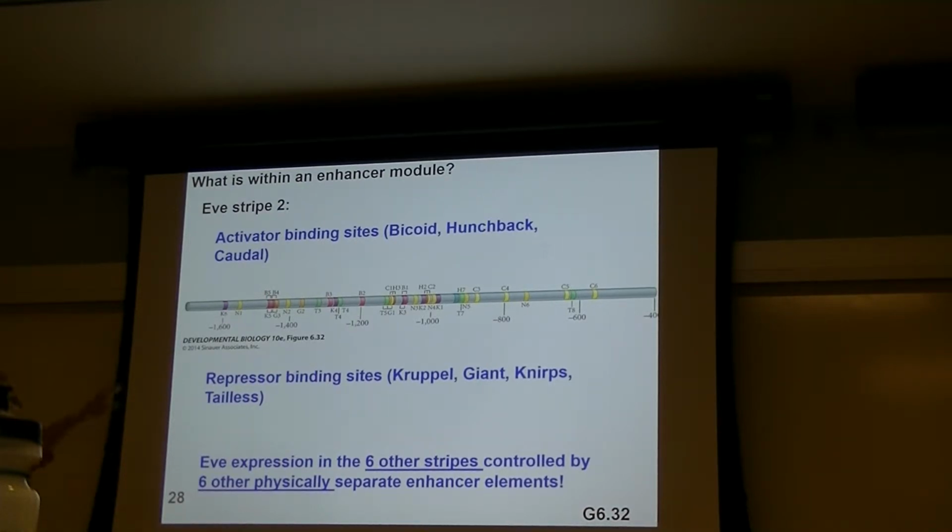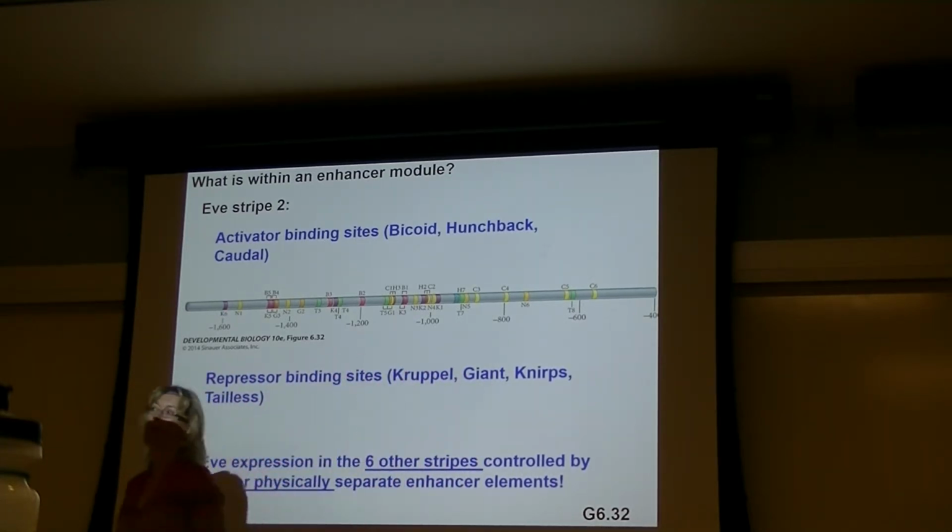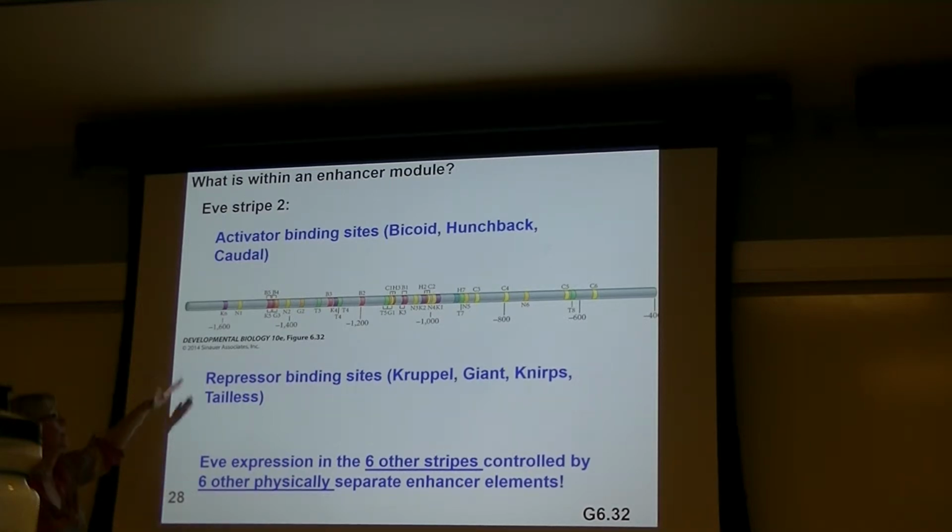So there are many of these, 25 different transcription factor binding sites, some of those are sites that would stimulate transcription if the transcription factor is present. On the other hand, some of them are sites that would tend to hold back or repress transcription if that factor is present. And according to this principle of combinatorial control that we talked about in one of our first lectures, we have that scenario.